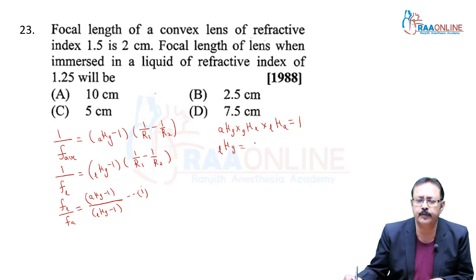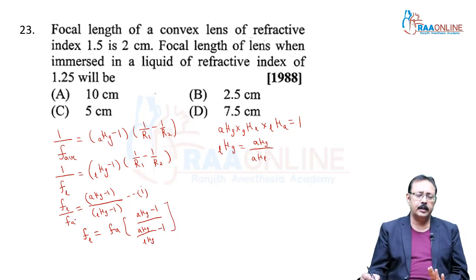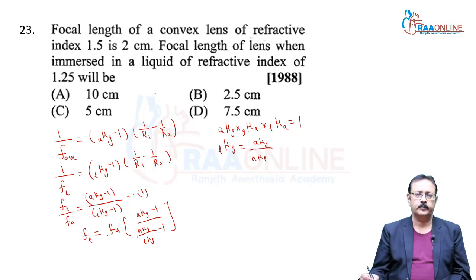L mu g is equal to A mu g upon A mu L. It means FL is equal to FA into A mu g minus 1 upon A mu g by L mu g minus 1. What are we getting from this result now?